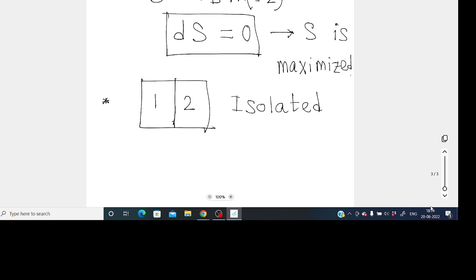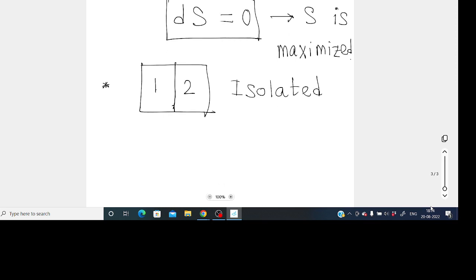As the total system is isolated, we have the total energy E1 plus E2 equal to E total. This E total is constant, where E1 is the energy for this subsystem 1 and E2 is the energy for this subsystem 2. Et is the total energy.